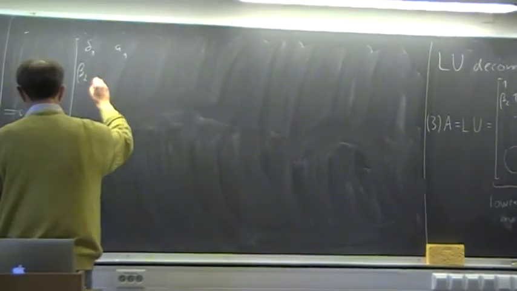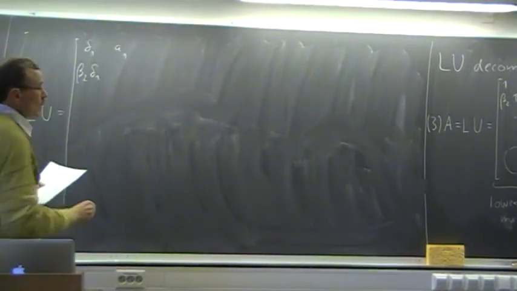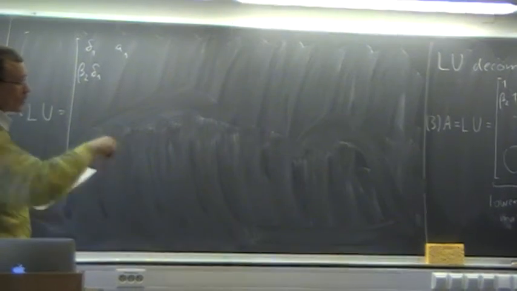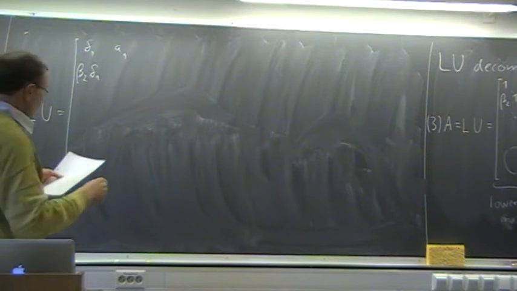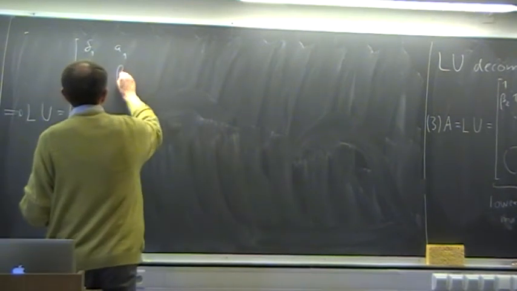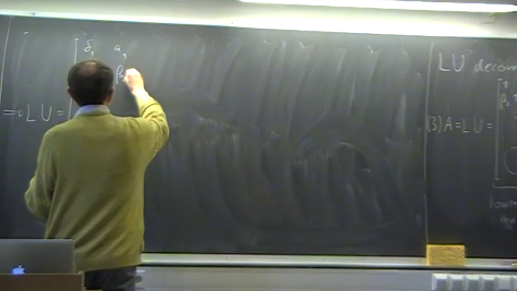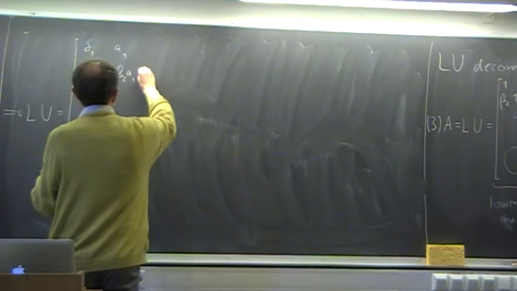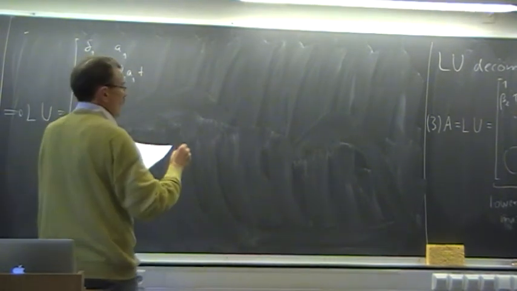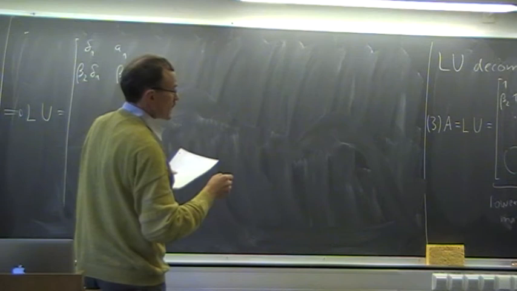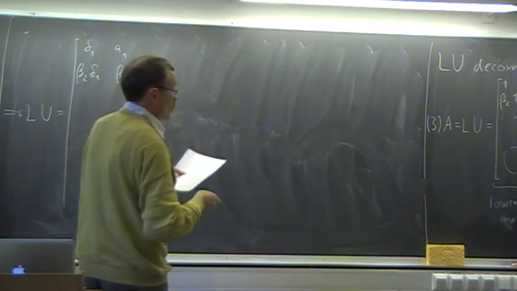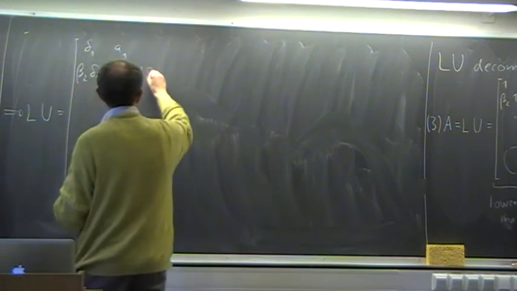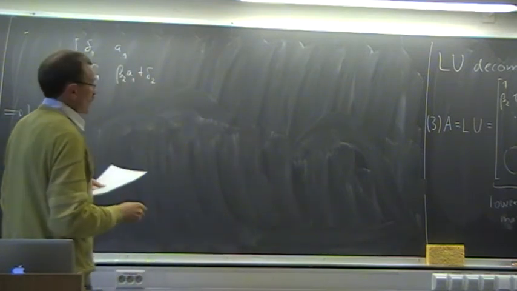We get beta 2 times delta 1, no more, because below delta 1 of U we have just zeros. And here we get beta 2 times A1 plus delta 2. So that will be that component.